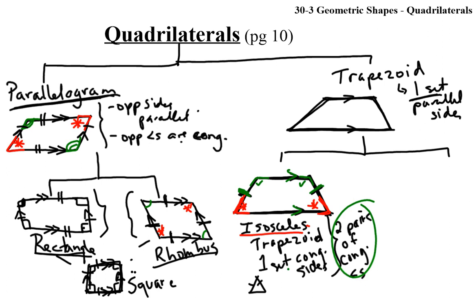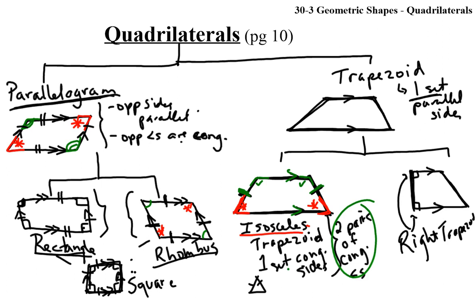The second trapezoid is a special trapezoid because you can see that it's been drawn like this, and it has the boxes in there. We still have one set of parallel sides, which makes it a trapezoid. But in this case, our other 2 sides, they're not the same, but one of them is made up with right angles. So these right angles make it a right trapezoid. So that's a right trapezoid.